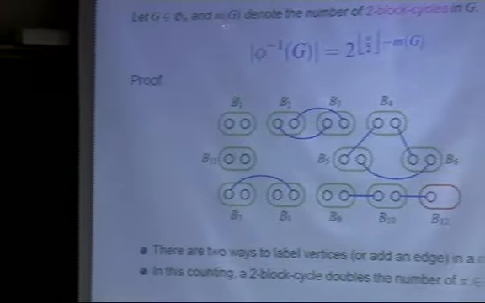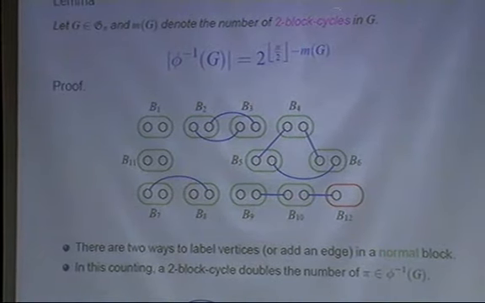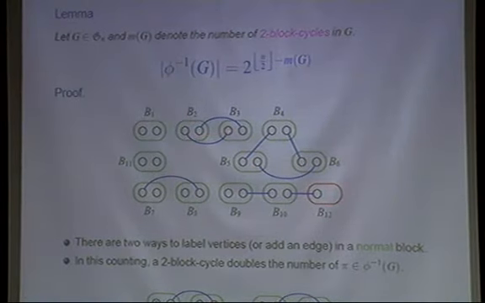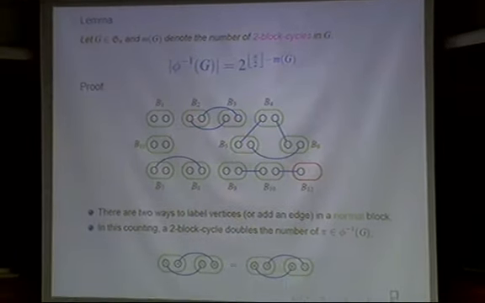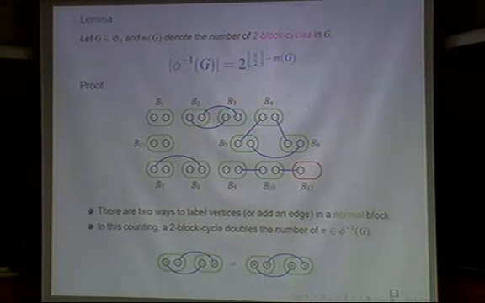Here M of G is the number of two-block cycles in G. Here a two-block cycle means a cycle consisting of two blocks. So here M of G is 1. This is because for each block we can choose two ways: here we can add an edge or not, and here we can label these two in two different ways.